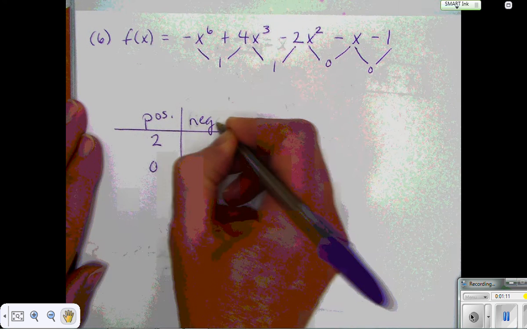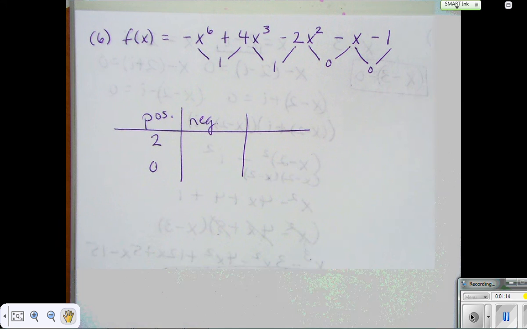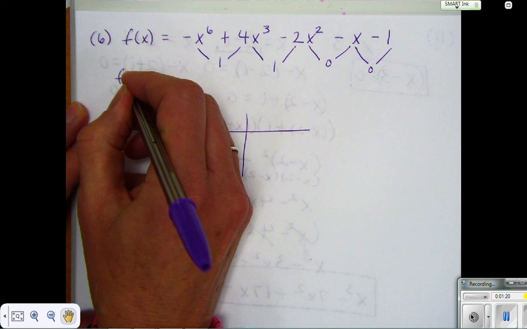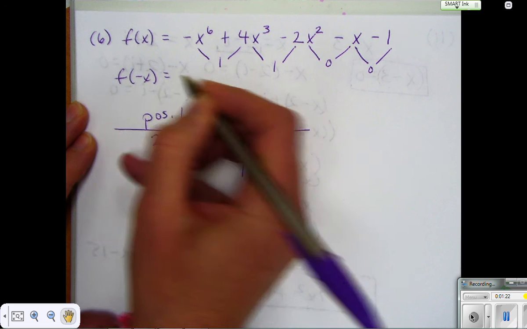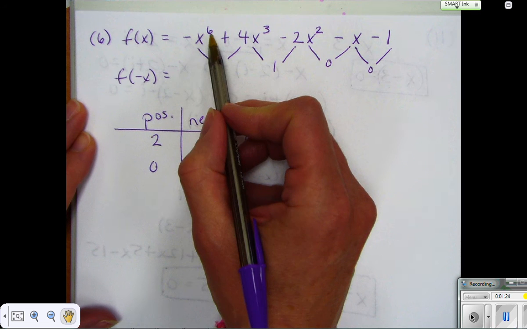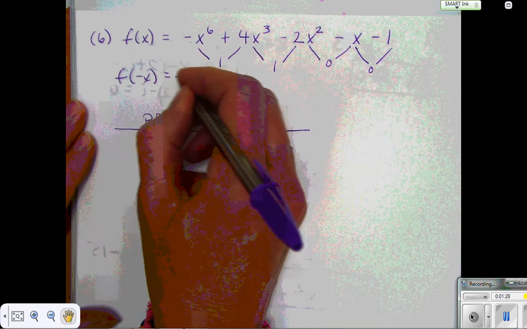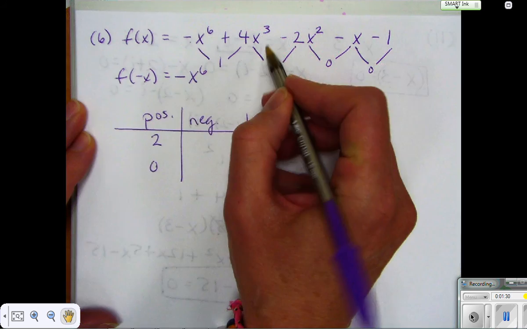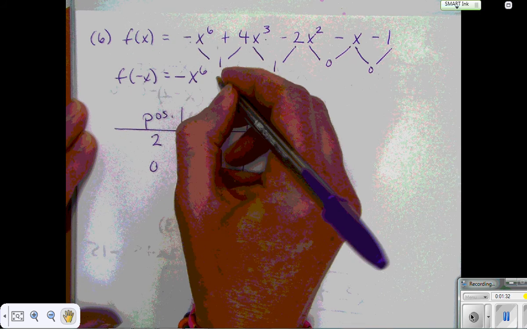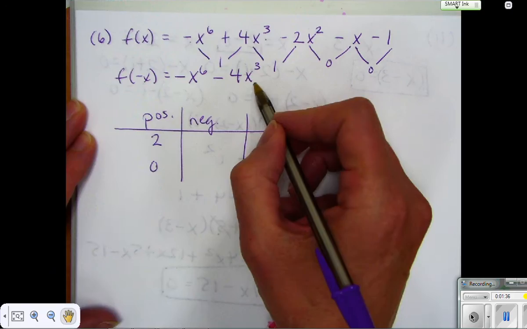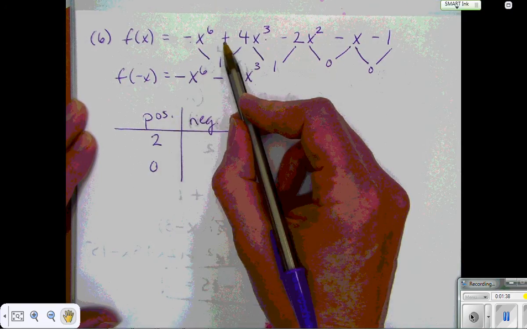Now I want to go back and substitute negative x in and simplify it so that if it is an even exponent, the sign in front is going to stay the same. If it is an odd exponent, the sign in front will change because the x will stay negative and affect that sign in front of the coefficient.